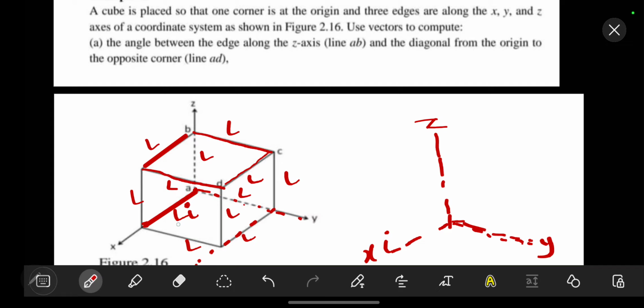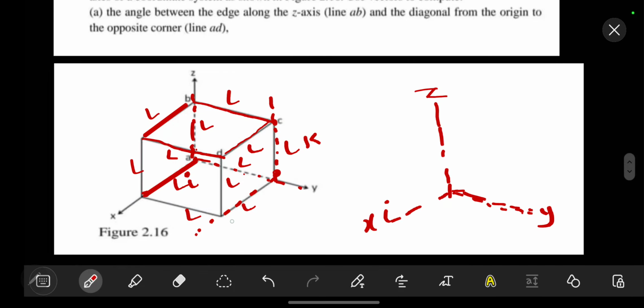Just in case you haven't watched the other videos, kindly comment so that I can forward it. Then if this is z, the one going up like that is z, and even this one is z. So the z component is associated with L k. From here up to here, we can call it Lk.